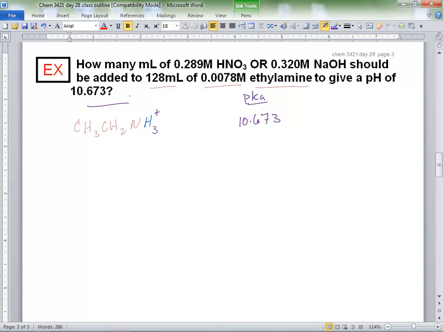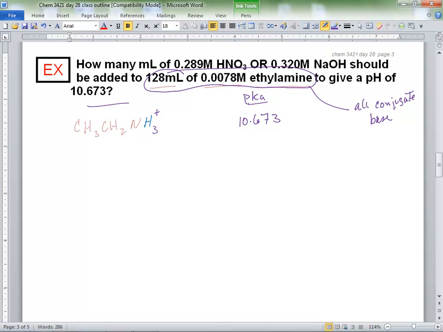So are you in solution? Is that going to be? So in solution, this 128 mils of 0.078 molar ethylamine, that's all conjugate base. There you go, Victoria. Exactly. That's what I'm leading at. So you have to figure out, okay, the name is always a neutral form. Look at the table. It's a conjugate base.